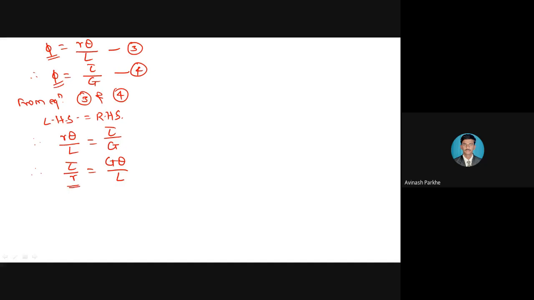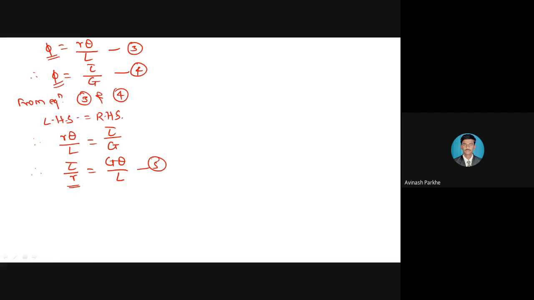Therefore, I got tau upon R. This G is present in the denominator. If I take this G to the left side, it will go to the numerator. Therefore, you get the equation in the form tau upon R is equal to G theta by L. Let us assume that this is equation number 5.